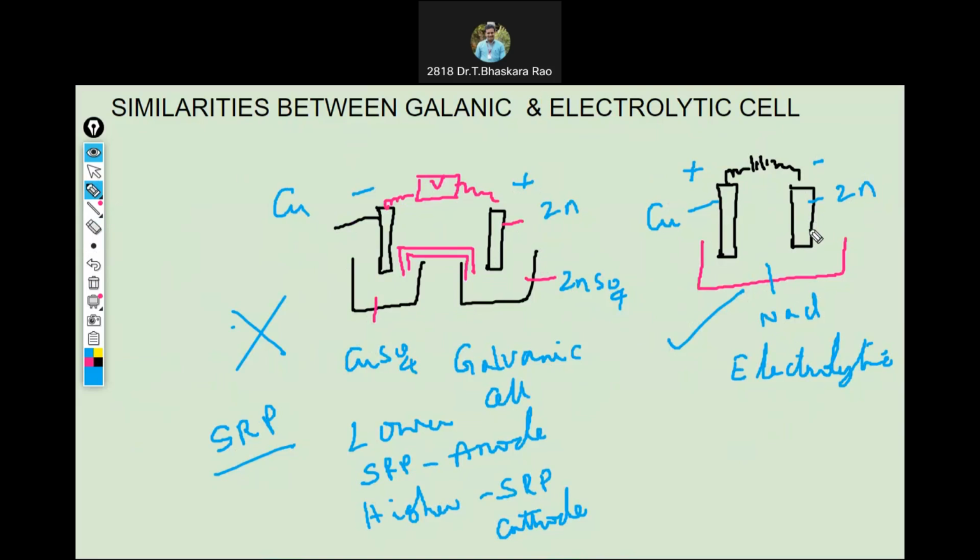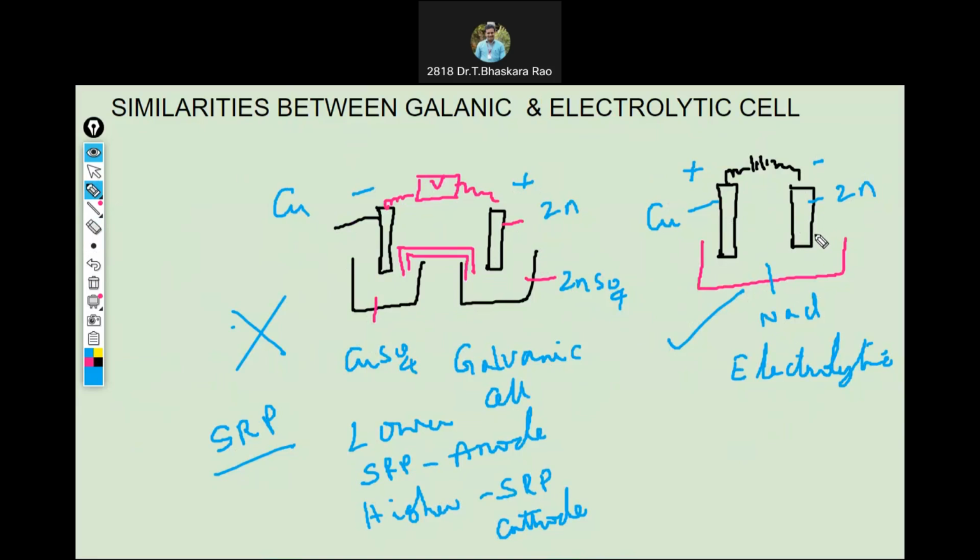In the electrolytic cell, anode and cathode are decided based upon the electrode connected to the terminal of the battery. If I connect the positive terminal of the battery, then that is the anode. When I connect any electrode to the negative terminal of the battery, that is the cathode.